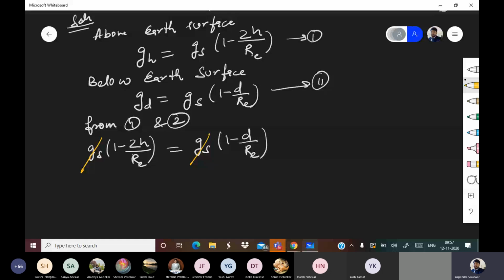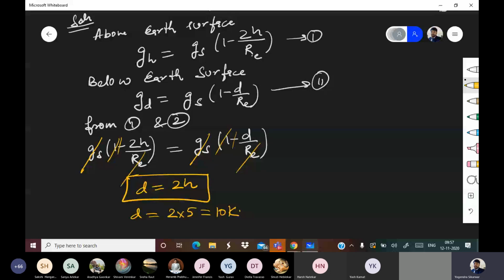This minus and this minus will be cancelled. After that, this R_E and this R_E will be cancelled. So d will be nothing but 2h. So d will be 2 into 5, that means 10 kilometers. That is the answer.